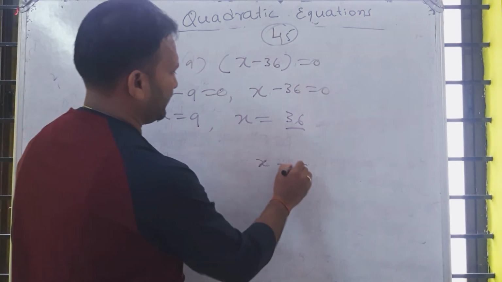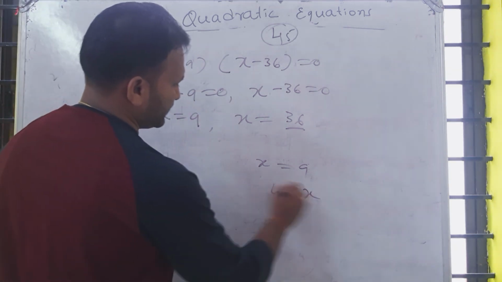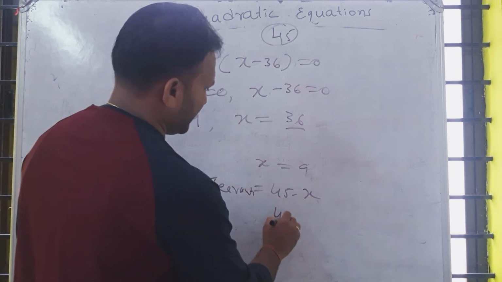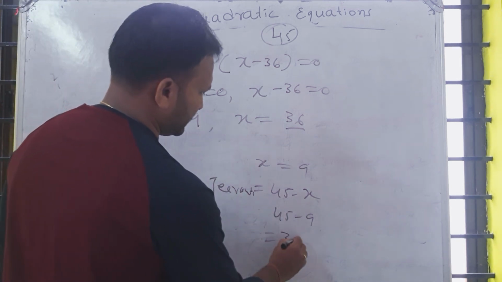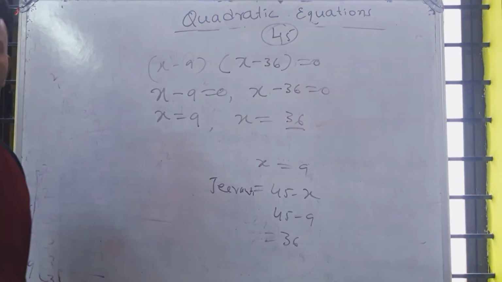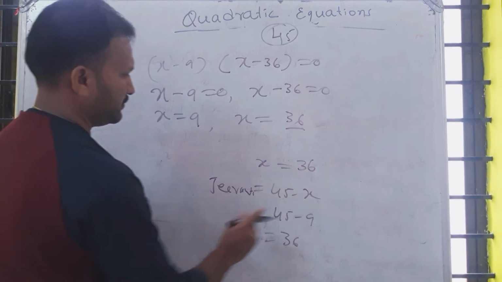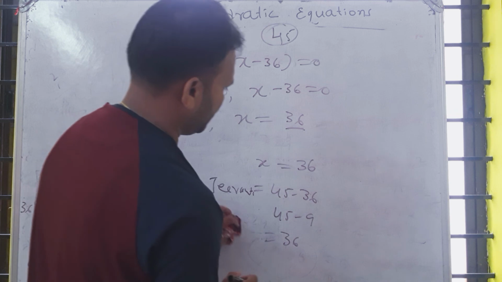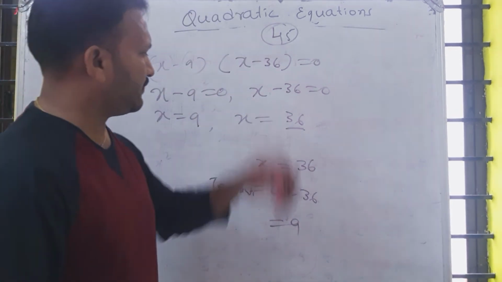So X is equal to 9, then Jivanti had 45 minus X. Now 45 minus 9 is 36, and 36 plus 9 again gives 45. And if John has 36 marbles, then Jivanti has 9, and 36 plus 9 again is 45.